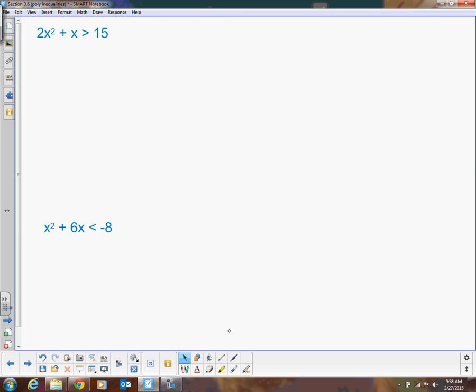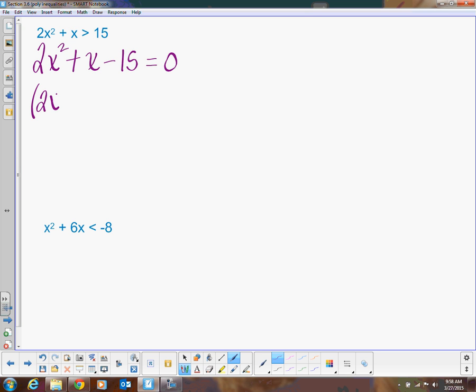So let's do one. The first thing you are going to do is rewrite this as 2x squared plus x minus 15 equals 0. Remember we said we're just going to put an equals there right now. And this is going to factor into 2x and x. Factors of 15 are 1, 15, 3, and 5.